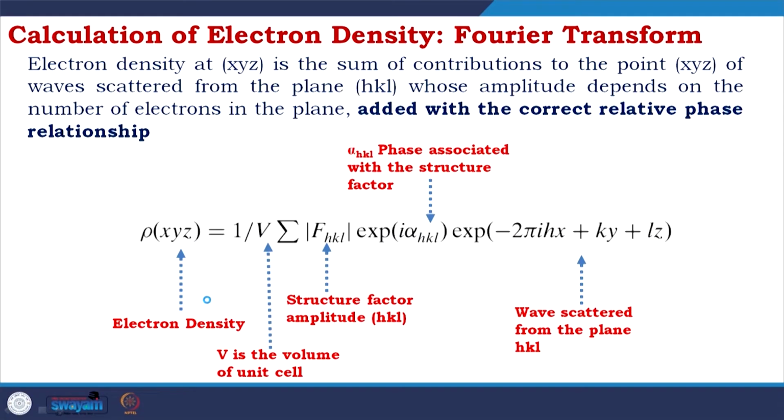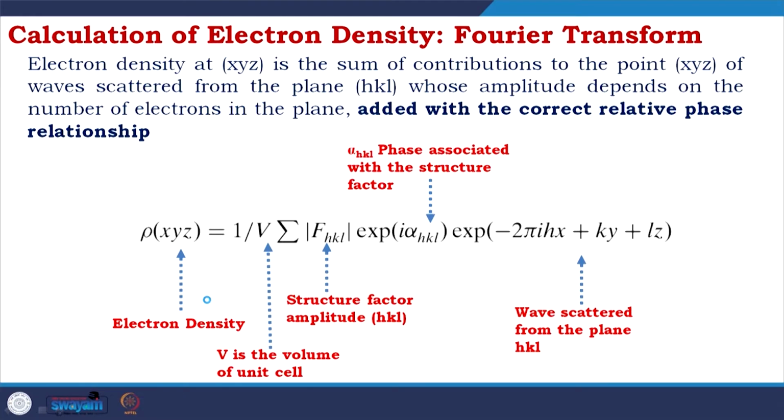So, we have to do the calculation of the electron density and we have to perform a Fourier transform. So, electron density at x, y, z is the sum of contributions to the point x, y, z of waves scattered from the plane HKL, whose amplitude depends on the number of electrons in the plane, added with the correct relative phase relationship.